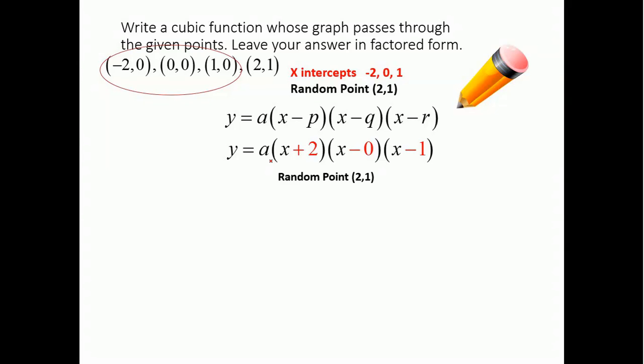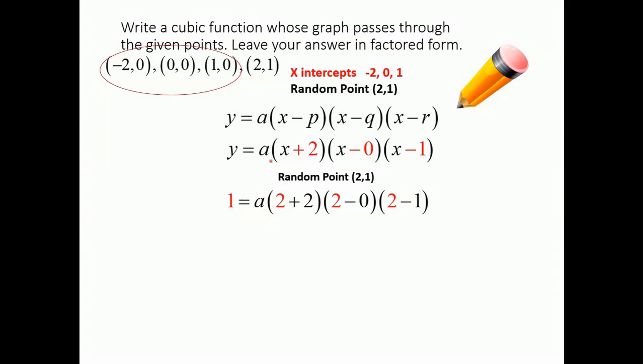So now let's plug in our random point for our x and our y. So my y is 1. My a, I still need to find my a. Then I have 2 plus 2, 2 minus 0, and 2 minus 1. Do the math really quick here.